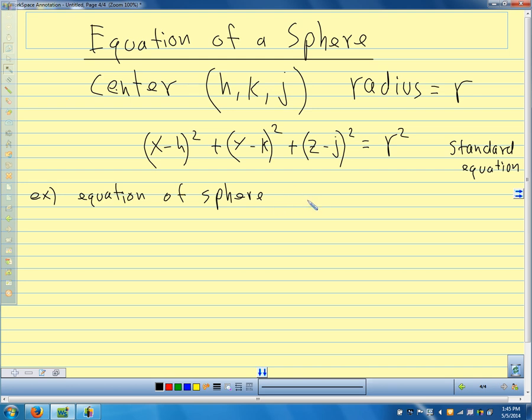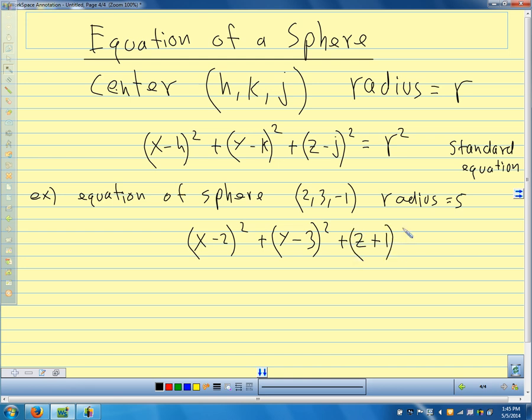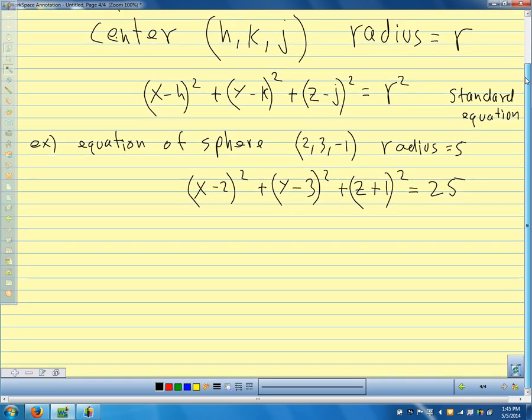Our center is at (2, 3, negative 1), and our radius equals 5. So what's our equation going to be? (x minus 2) squared plus (y minus 3) squared plus (z plus 1) squared equals 25. Nice and easy. Just like circles. Spheres are very nice surfaces.